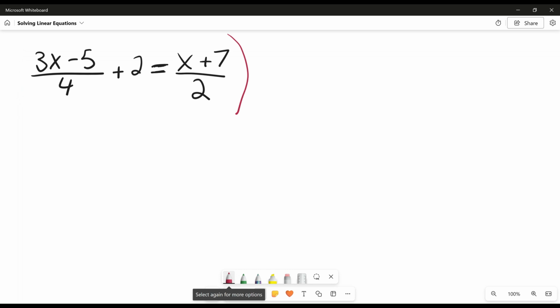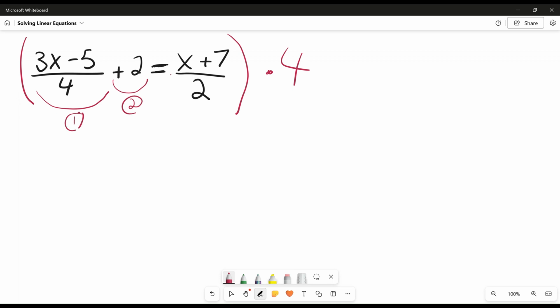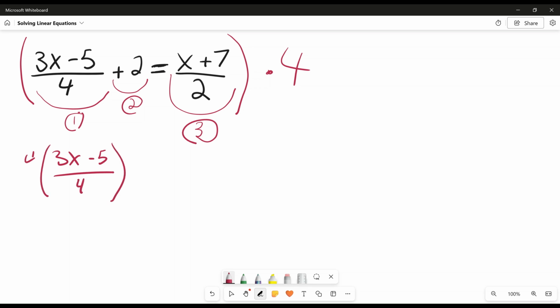If I multiply everything here by 4, I'm multiplying each single term by 4. I'm multiplying this term by 4. I'm multiplying this second term by 4. I'm multiplying this third term by 4. So basically, if I show more in detail, it would be 3x minus 5 over 4 times 4.